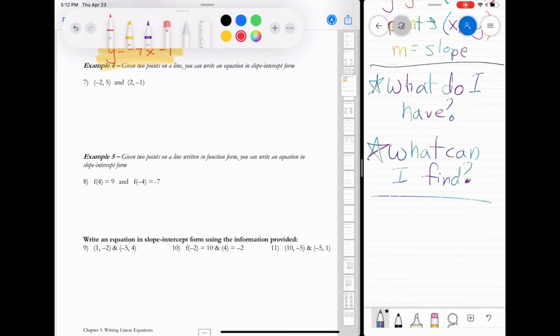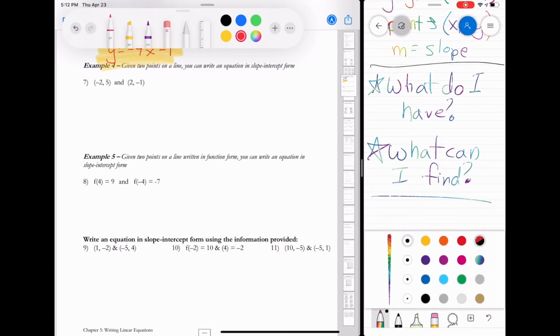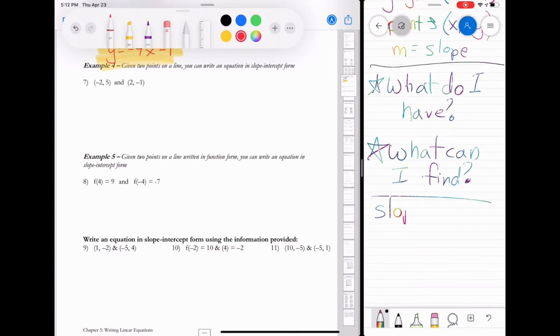Remember, our slope formula is m equals y2 minus y1 over x2 minus x1. You need 2 points, right? You need 1 point, and then you need a second point.